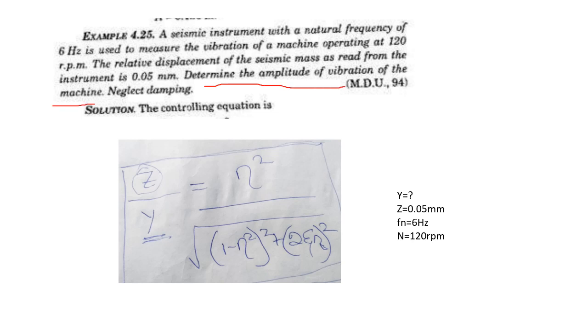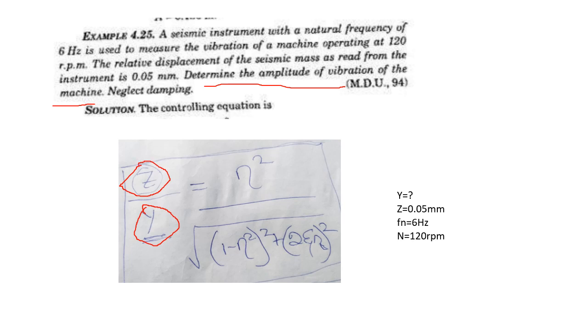So in this you are supposed to determine Y. Y is the amplitude of vibration of the machine. And the relative displacement of the seismic mass as read from the instrument is 0.05 mm. So what is that? It is Z. Z is given.